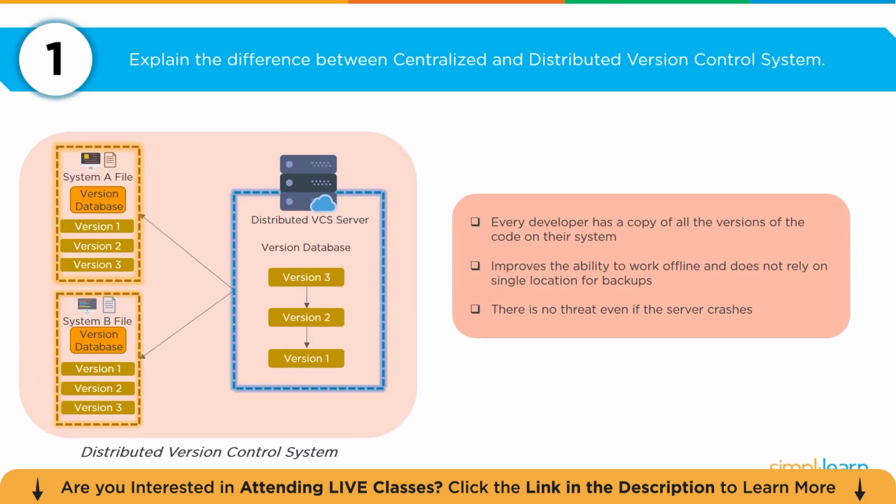Now, in contrast, in a distributed model, we do check in our code to a server. However, to be effective in building out your solution, you check out all of the code for the solution directly onto your local development machine. So you can have a copy of the entire solution running on your local machine.